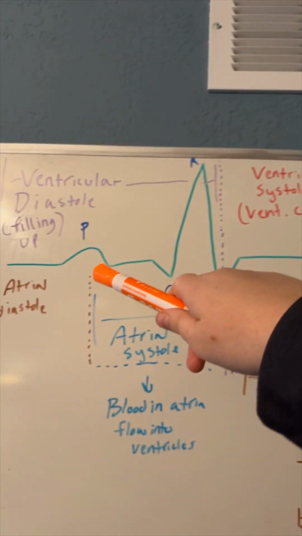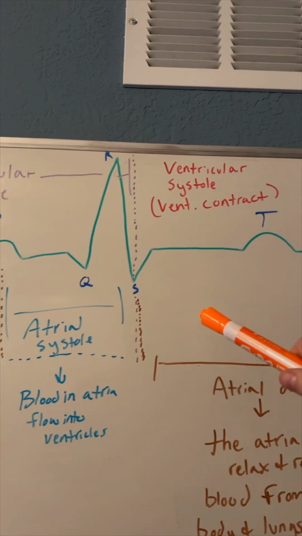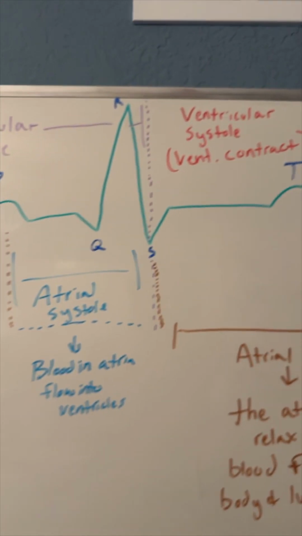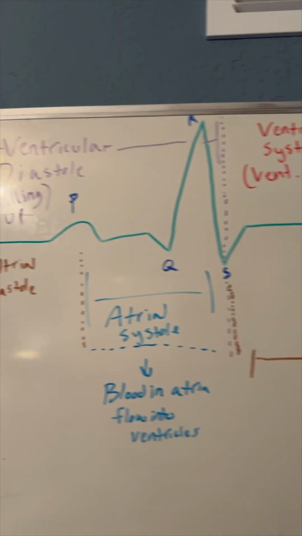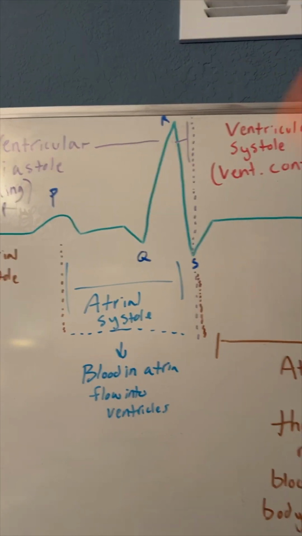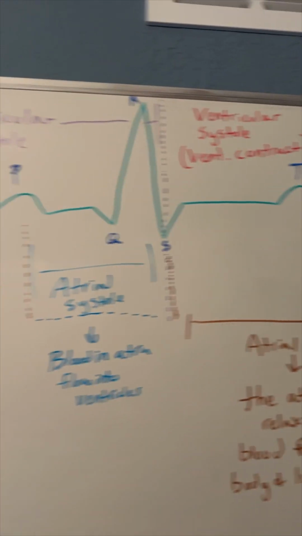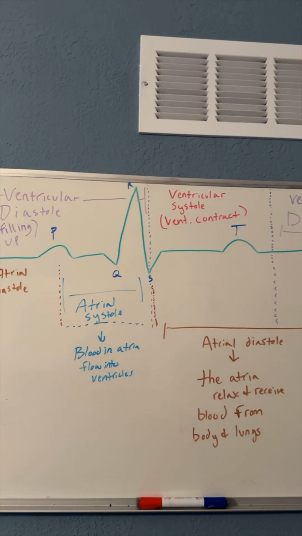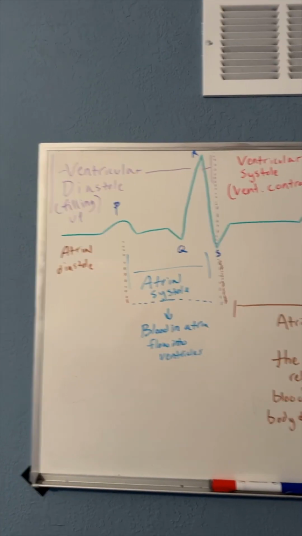The whole filling up and contracting is part of what causes this particular shape here. So if that's not happening, or not happening in a reliable way, of course we're going to see basically just a bunch of waves. We're not going to see anything that resembles this, which is why you're not going to have a pulse.